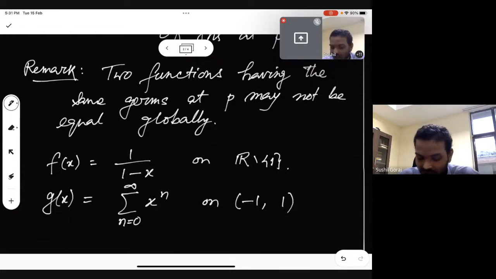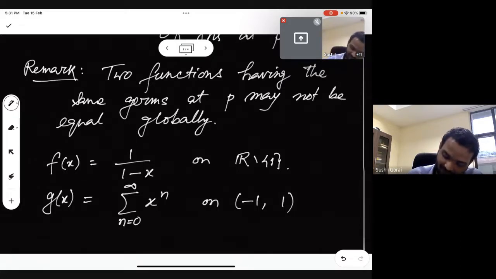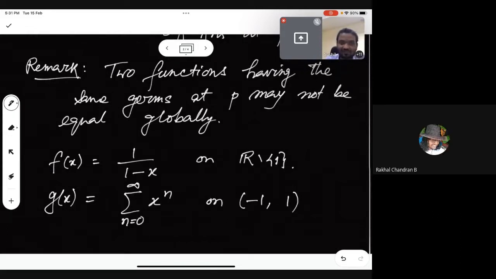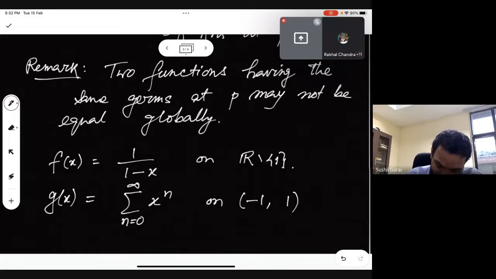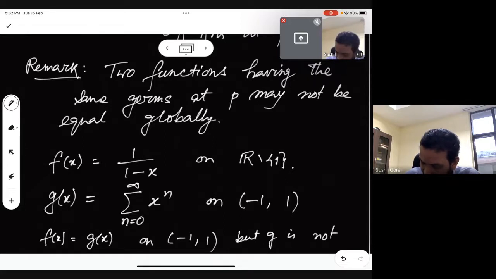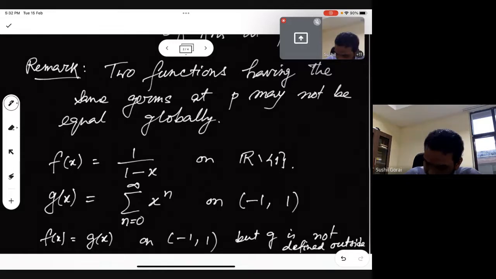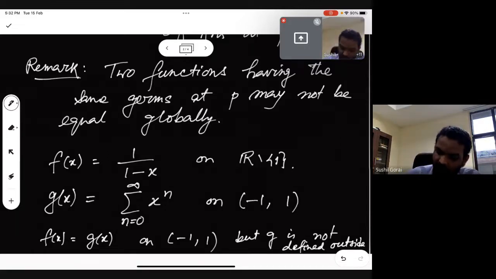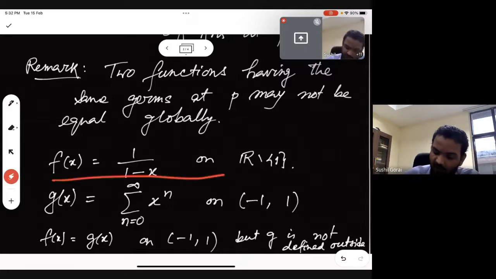Are these two functions equal? Yes, on the open interval minus 1 to 1, f(x) is equal to g(x), but g is not defined outside minus 1 to 1, while f is defined on R minus 1.